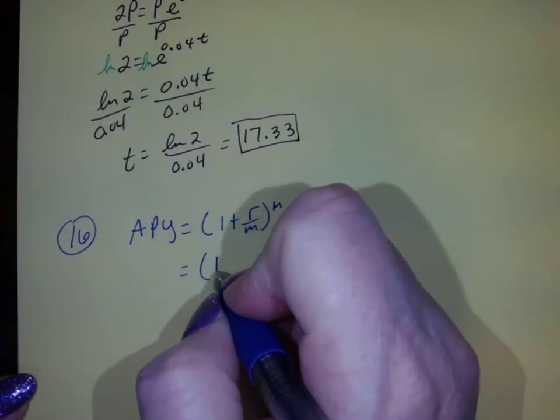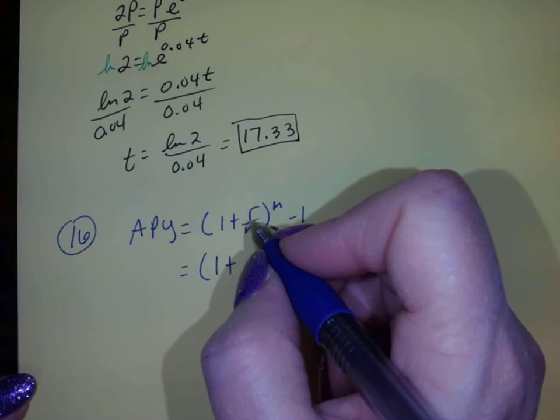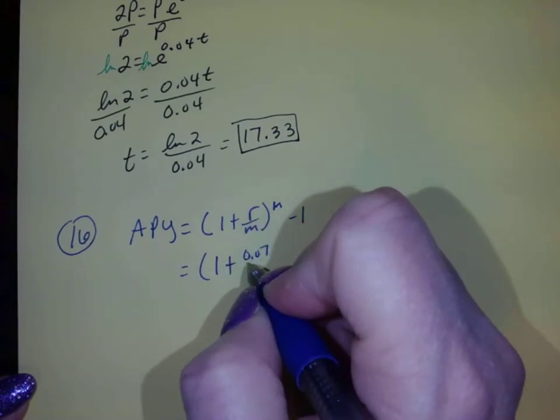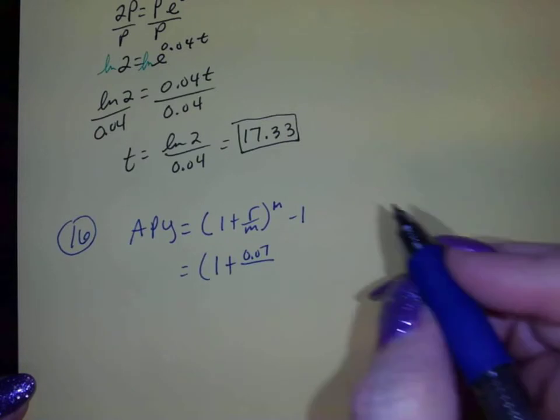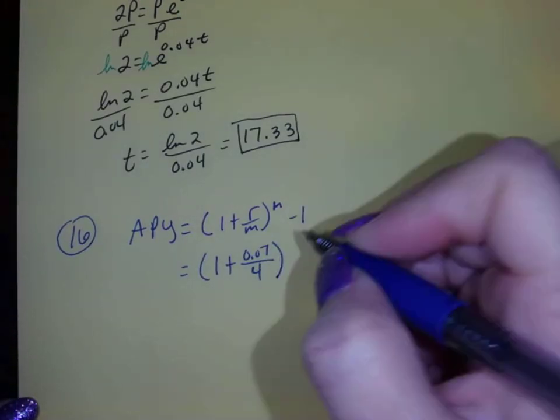So it'll be equal to 1 plus the rate was given to us at 7%, so 0.07, and quarterly is 4. That's something you have to know. The quarterly, monthly, semi-annually, you have to know those particular terms.